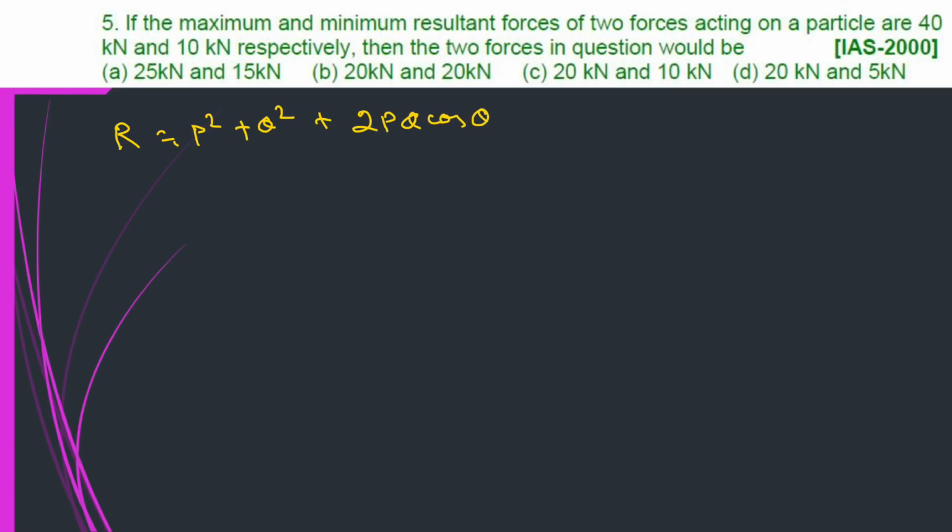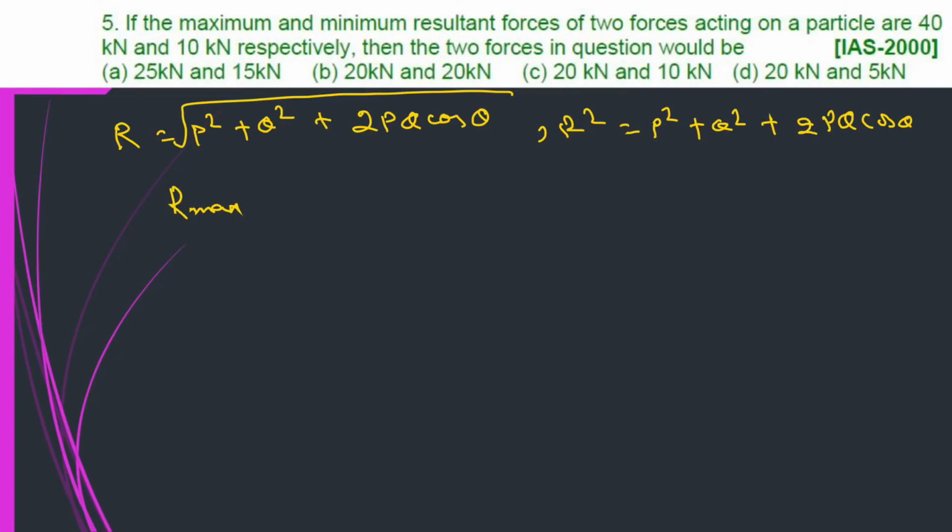So R square equals P square plus Q square plus 2PQ cos theta. In this question, R maximum means cos theta becomes 1, theta is 0.